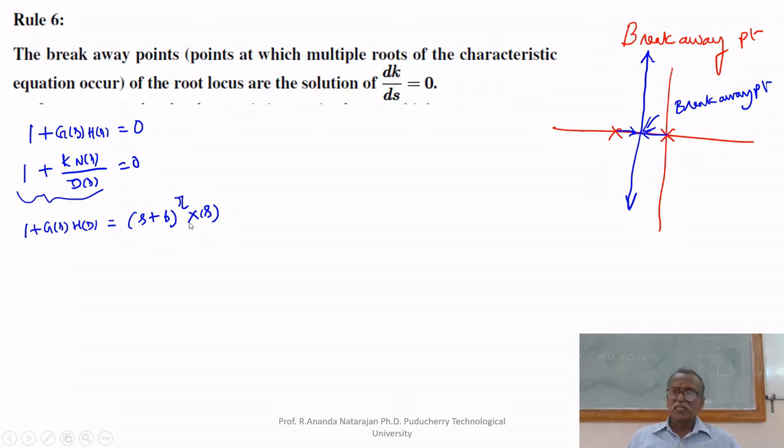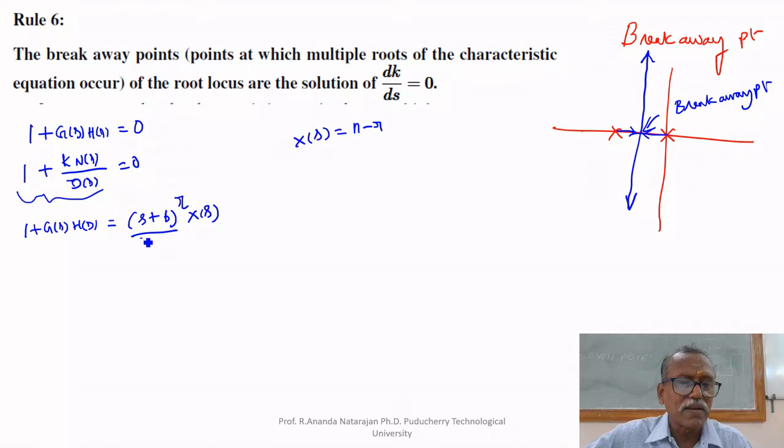Suppose it is of nth order, then the degree of X(s) is n minus r, because r has been taken separately. It has repeated roots. What is the breakaway point? It has two roots at the same point. Breakaway point means repeated roots.